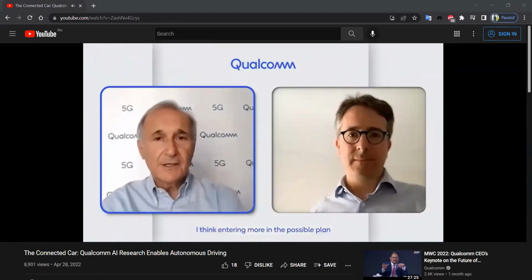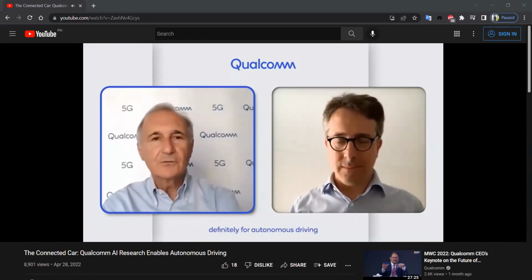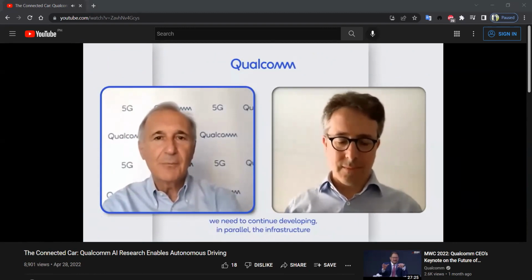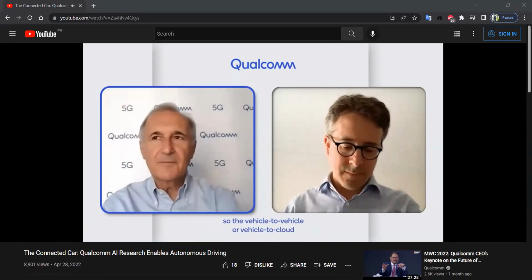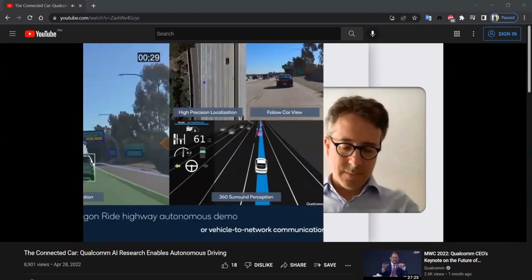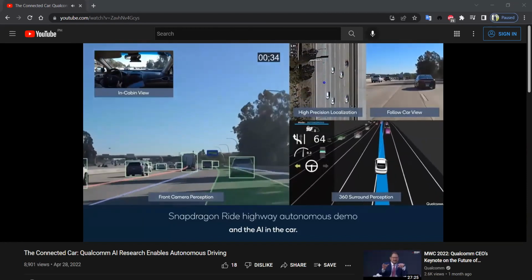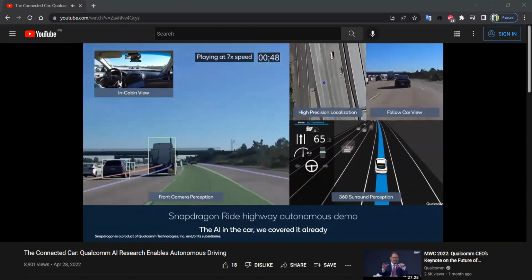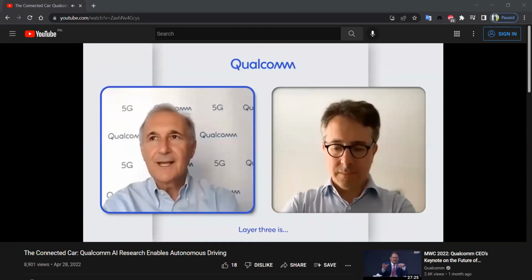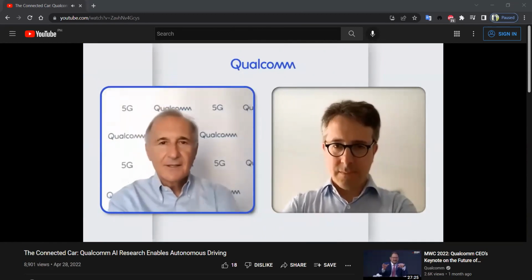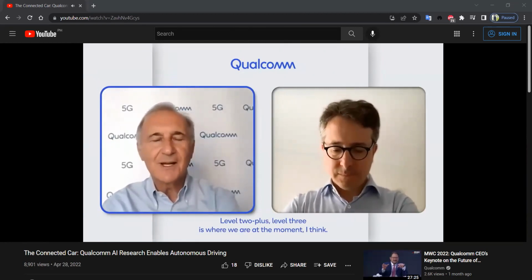Looking at the possible plan, definitely for autonomous driving, we need to continue developing the infrastructure in parallel. So the vehicle to vehicle, vehicle to cloud, vehicle to network communication, and the AI in the car. AI in the car we covered already. That is where we are all working together. Level 3 is level 2 plus, and level 3 is where we are at the moment.